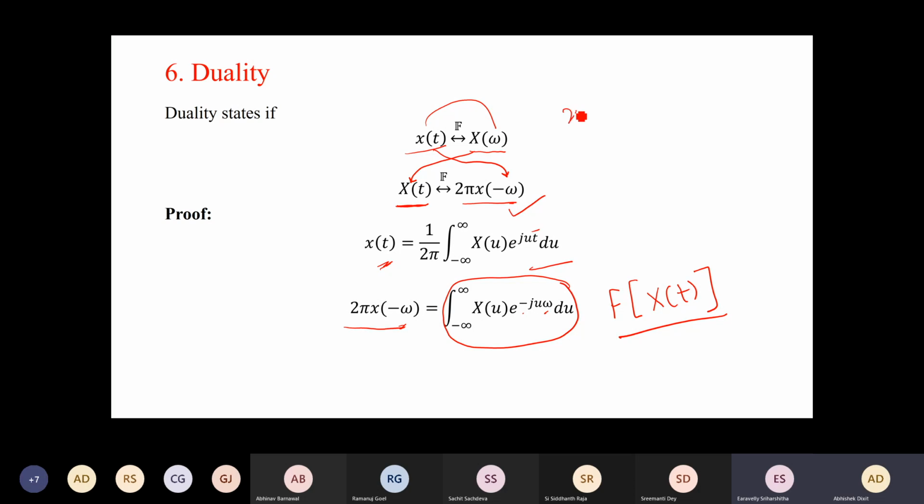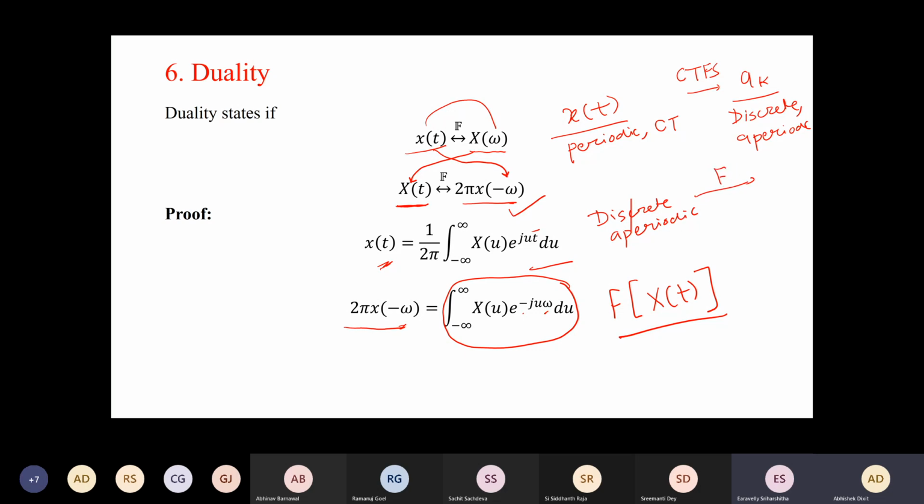In Fourier series, we had a periodic, continuous time signal on the one hand, and a series, the a_k, which is discrete, aperiodic. So there is no sense in using duality here. Duality will not make sense, of course not. In future, maybe we will look at the transform of a discrete aperiodic signal.